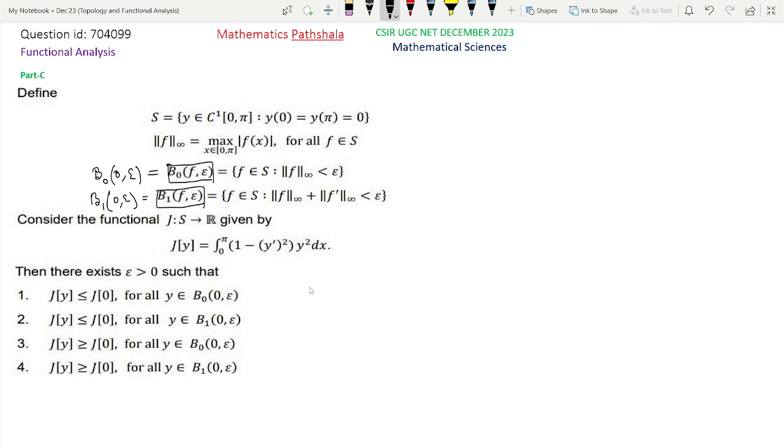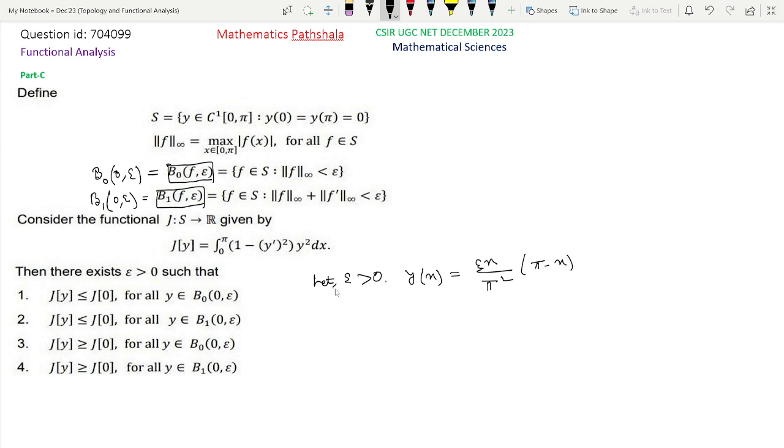To show that, we take arbitrary epsilon greater than 0 and we find some y belongs to b0 0 epsilon such that this condition J y less than equal to J 0 is not satisfied. So we take here y equal to epsilon x by pi square, pi minus x.